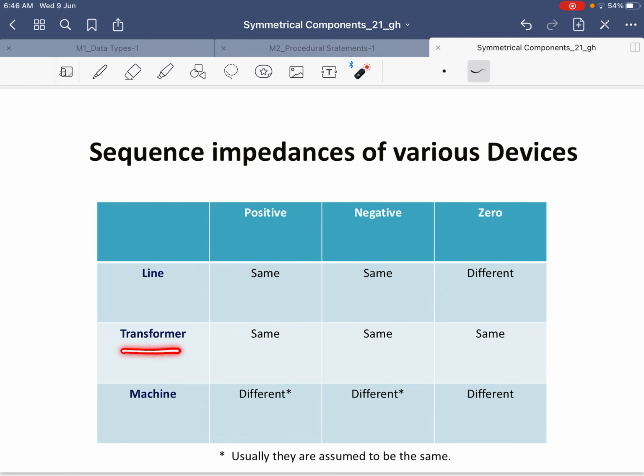For a transformer, the positive, negative as well as zero sequence impedances remain the same, equivalent to its leakage reactance.